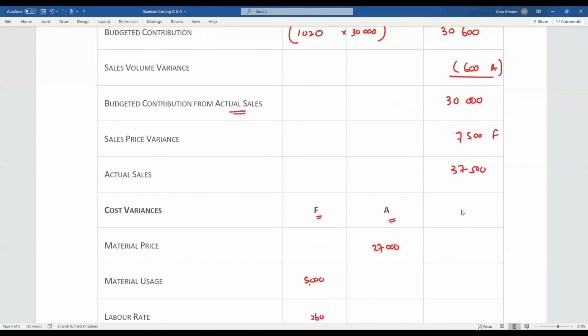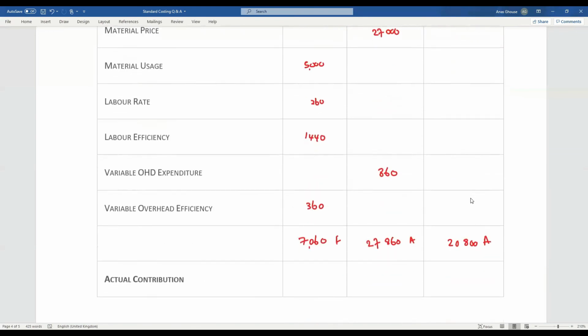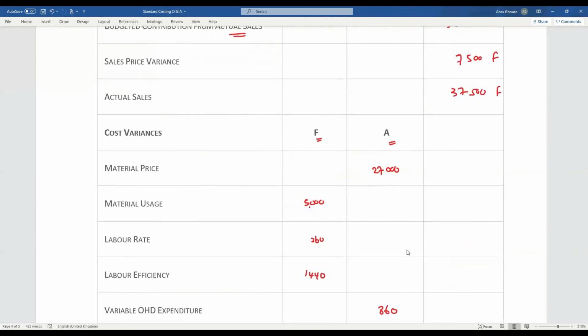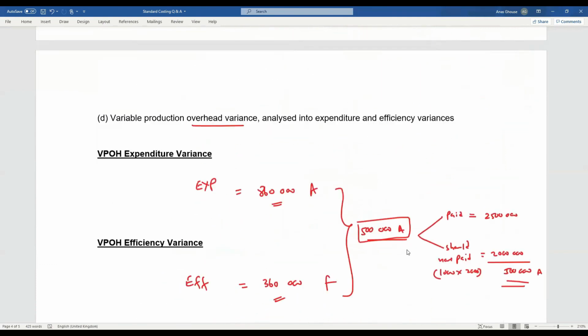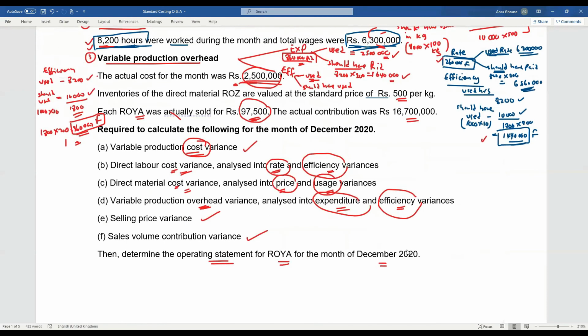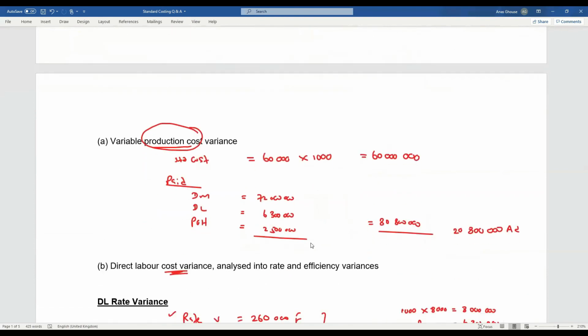So therefore, 37 million 500 favorable, total actual sales minus cost, so that will be 16 million 700 is our actual contribution, which equals the actual contribution they have already given, 16,700,000. So this is what we have reconciled in the operating statement, considering all these variances.